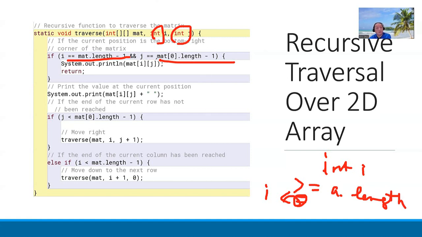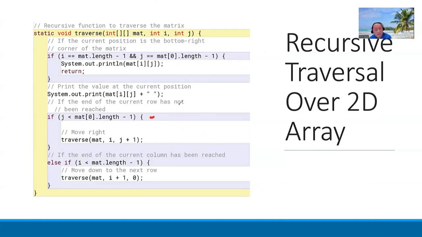Right here it is actually two-dimensional, so there is a termination condition on both. Otherwise, your recursive call is on these two conditions.